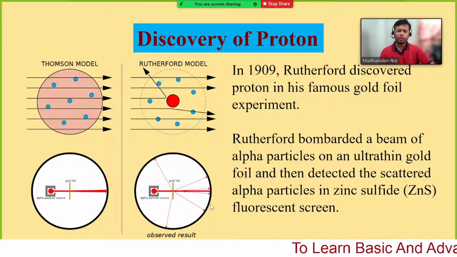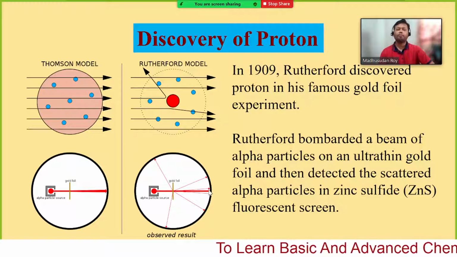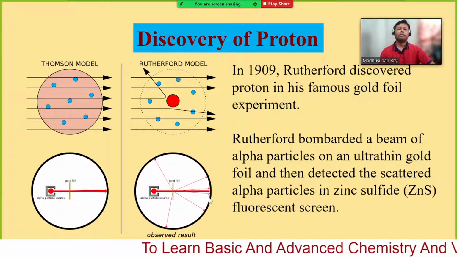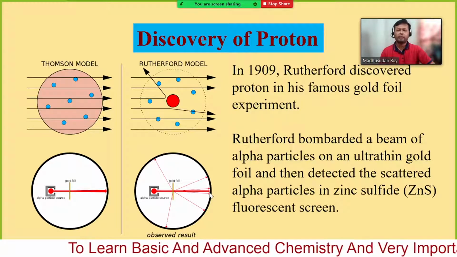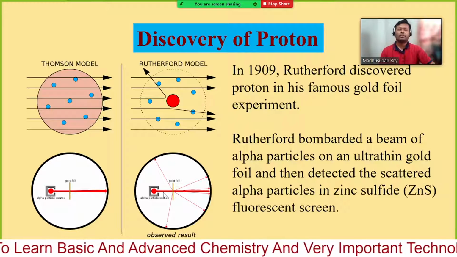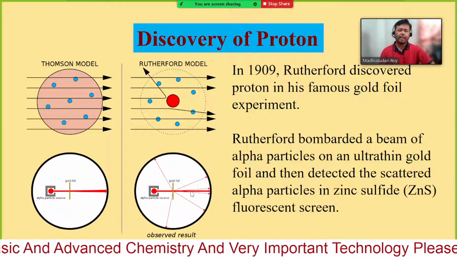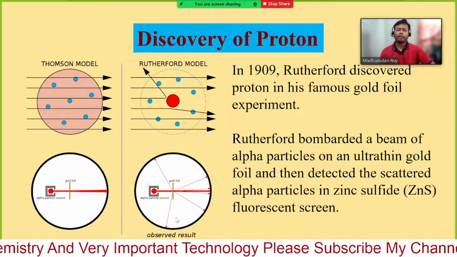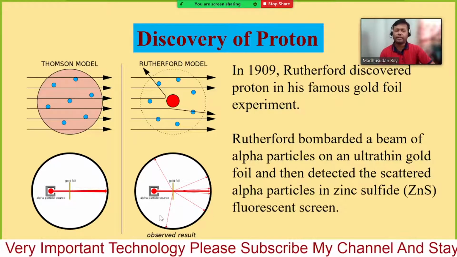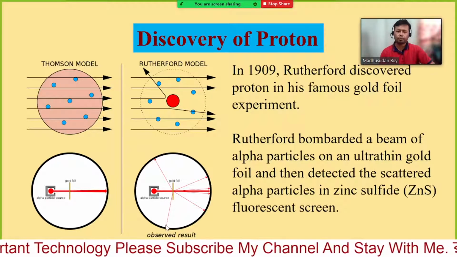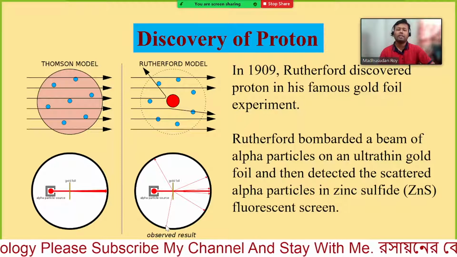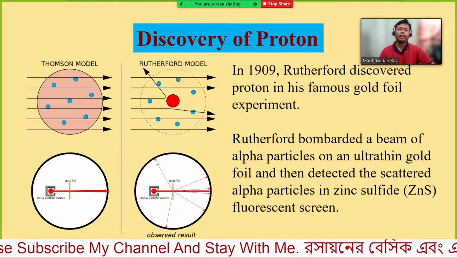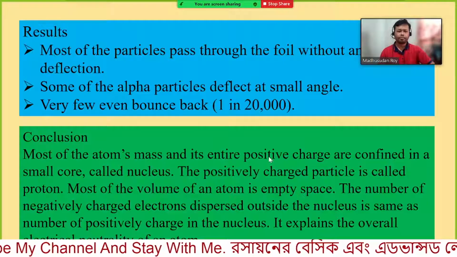If it produces a spot straight ahead, there is no change in angle, but when it hits another position, wherever the alpha particle strikes, there will be a spot. So we can easily understand where the alpha particle is hitting.